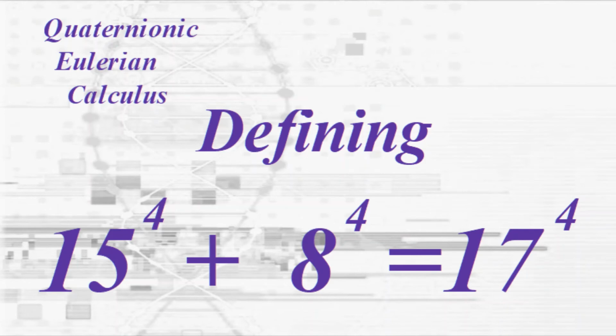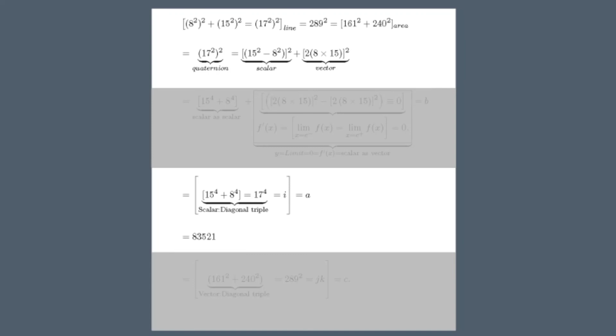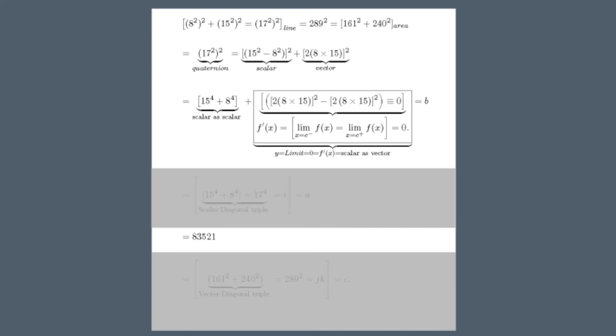And so we have established that side A is equal to 15 to the fourth plus 8 to the fourth equals 17 to the fourth, which is a scalar. We have also established that side B is a vector and is defined by the following equation. It's quite easy to see how this vector manifests itself.